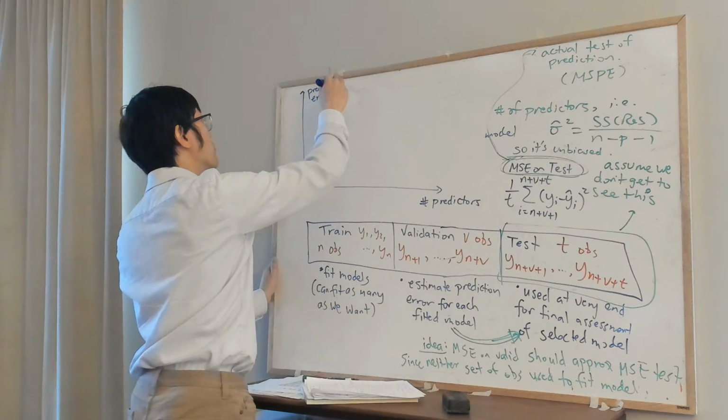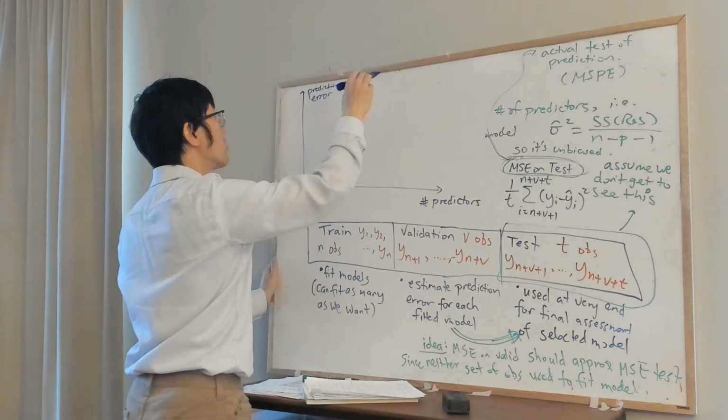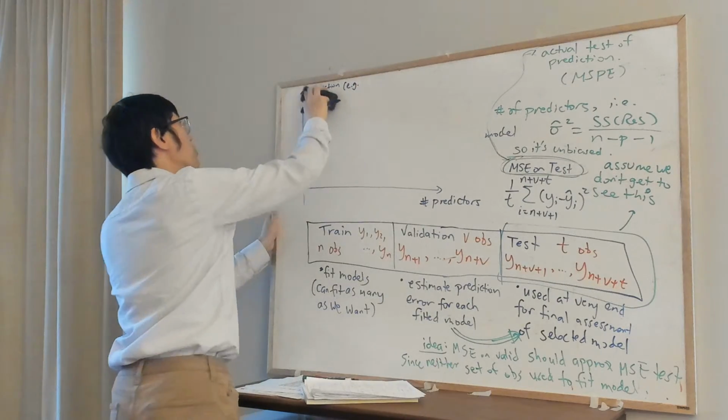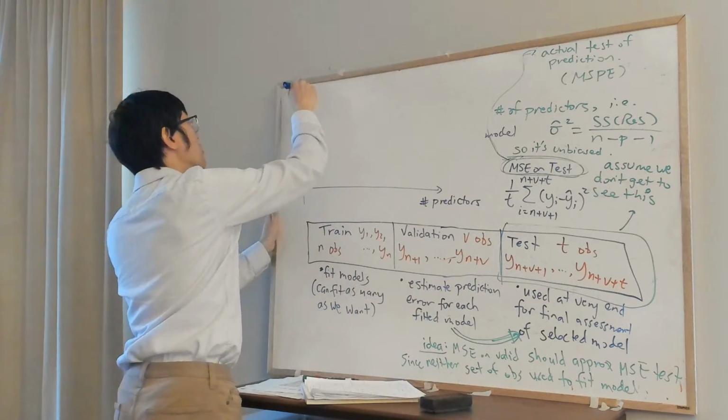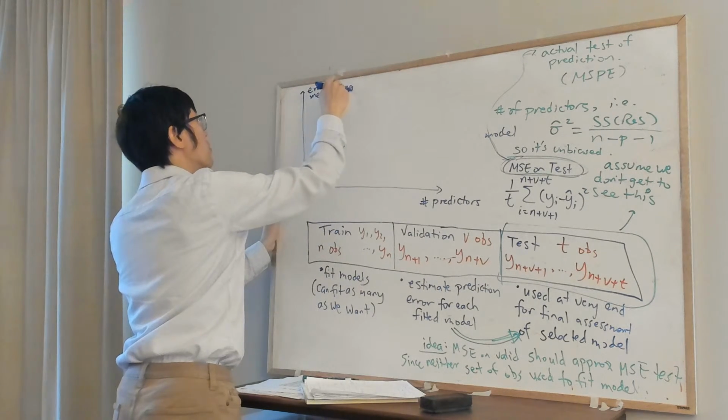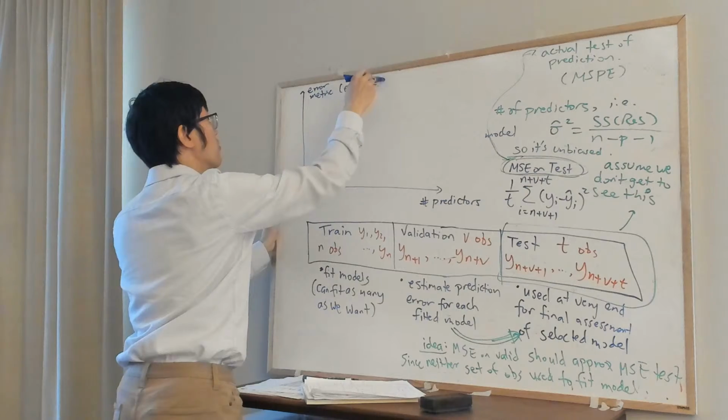Actually I should just call this the error metric in general, for example, mean square error.